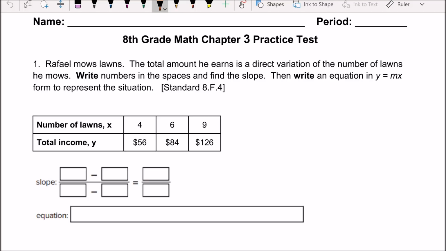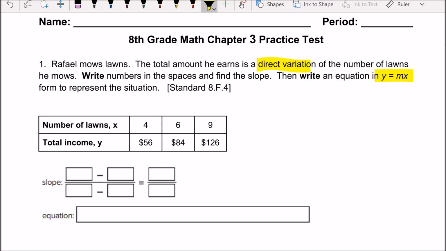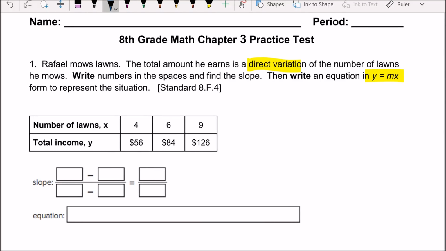So for this problem, you need to pay attention to the following: the direct variation and y equal to mx. Alright, so in class we talked about this a lot. The slope-intercept form, y equal to mx plus b. And b is the beginning, where we start to graph an equation.